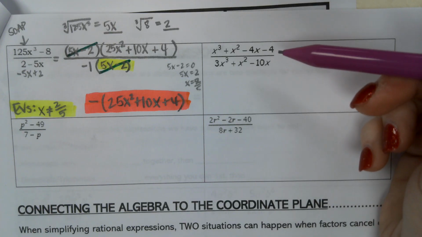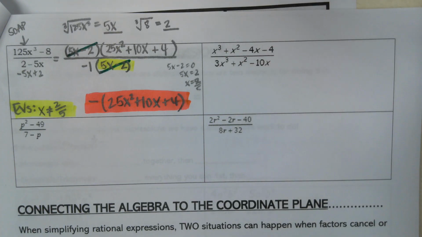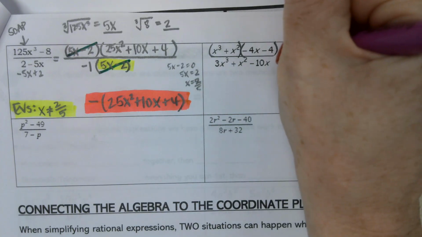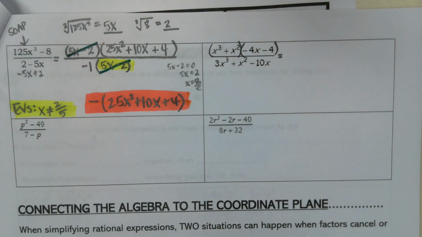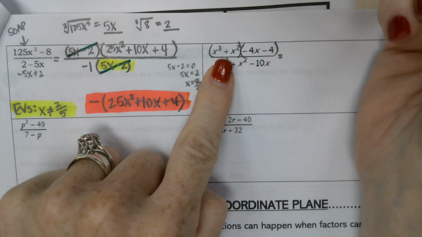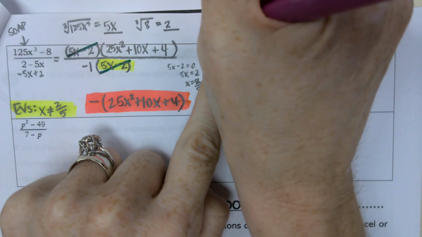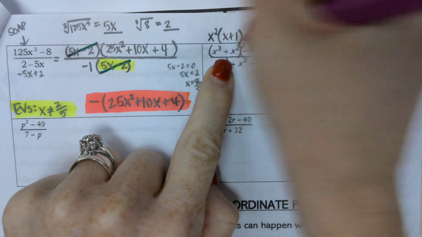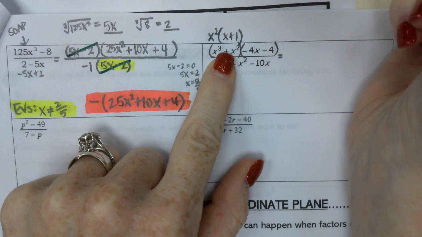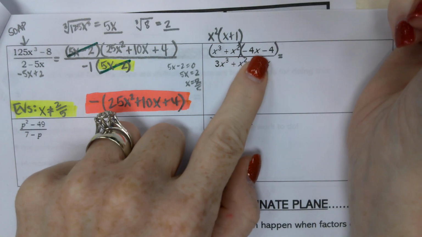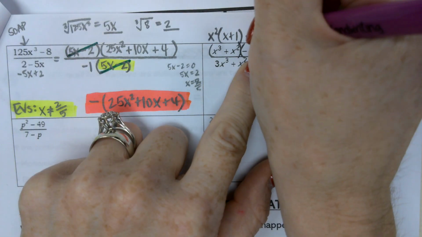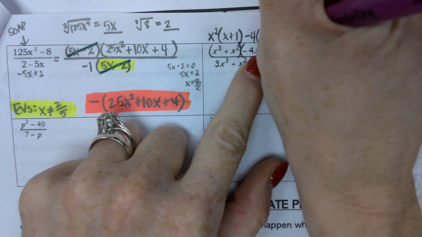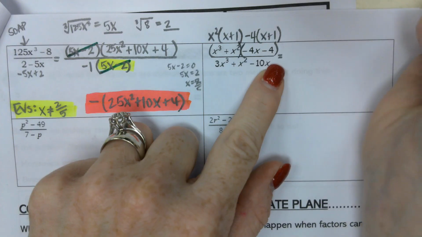All right, for this one, I got 4 terms, so I'm going to factor by grouping. For this first set of parentheses, I can remove an x squared. That leaves me with an x plus 1. And then right here, I can divide out a negative 4, which also leaves me with an x plus 1.